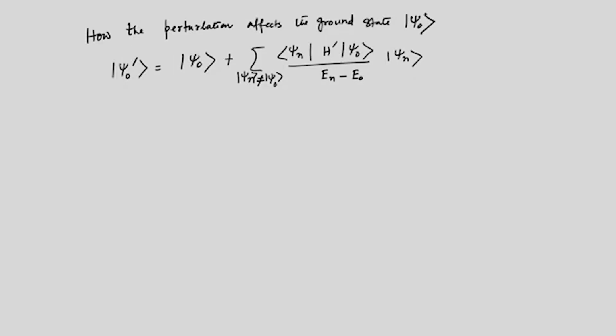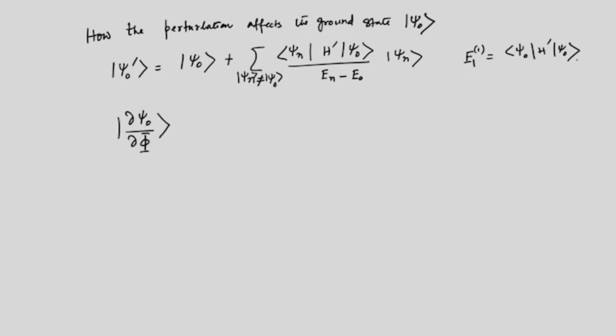Of course, the first order correction in energy is simply given by psi 0, H prime, psi 0. We are interested in the state, not the energy here. So, if you consider how psi 0 responds to an infinitesimal flux, then we can find del psi 0 by del phi.